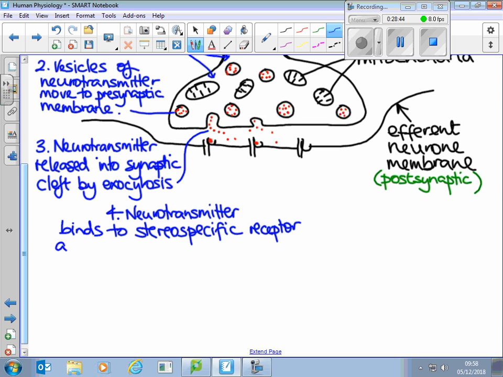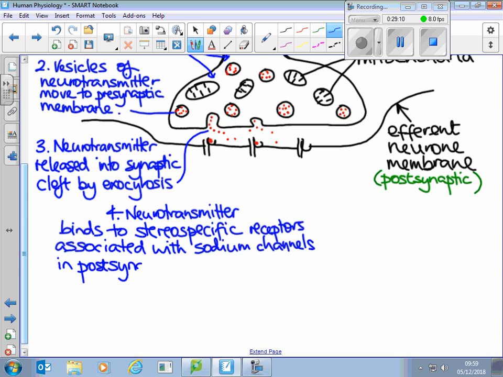Can I have something smaller? I'd love to do. Associated with sodium channels, in which case I'll have to have an S there. Oh, why didn't I just put Na+? Make it harder for myself, don't I? Associated with sodium channels in postsynaptic membrane.